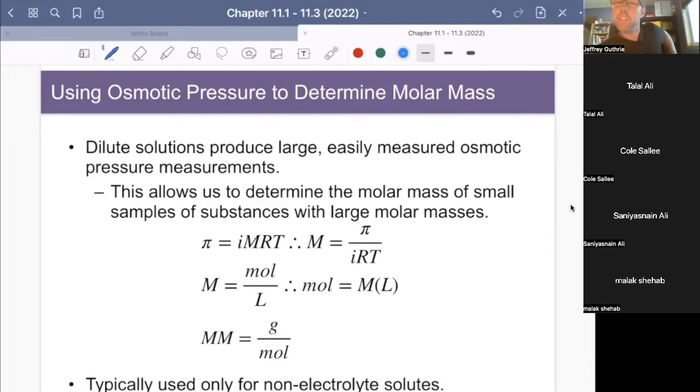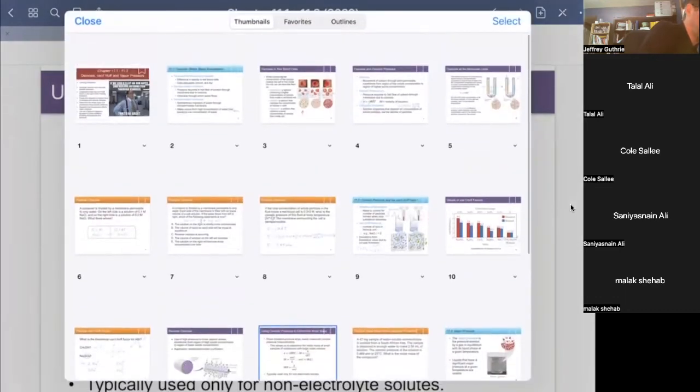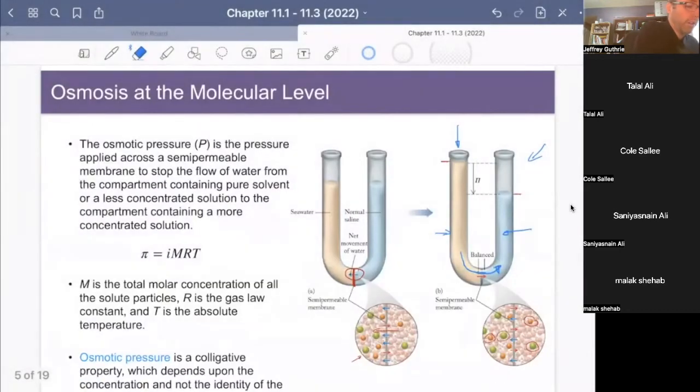Okay, hold on, I got a question. Osmotic pressure isn't the pressure of the water, it's the pressure it would take to stop the water from moving. That's the technical definition of osmotic pressure, how much pressure it would take to stop it. Let me go back again to this little diagram here.